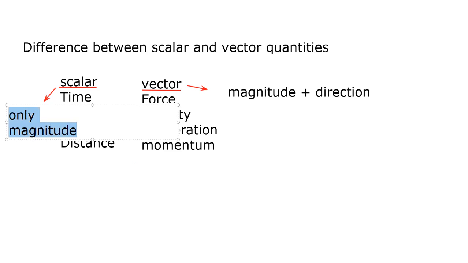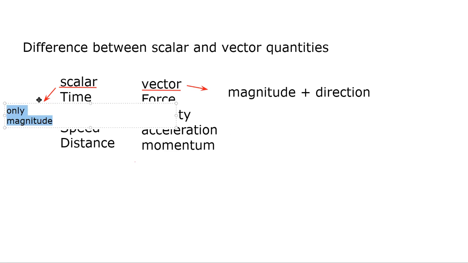It means that in a scalar quantity, we do not need to know the direction. Time has only one direction, like time moves on only. There is no direction for mass, like we cannot say 3 kilograms in the east or 3 kilograms in the west. So mass has no direction.